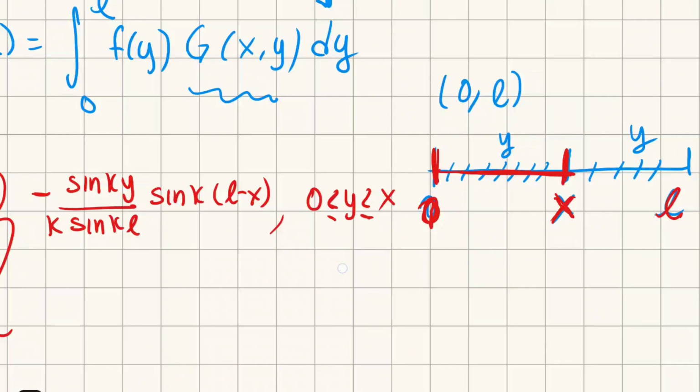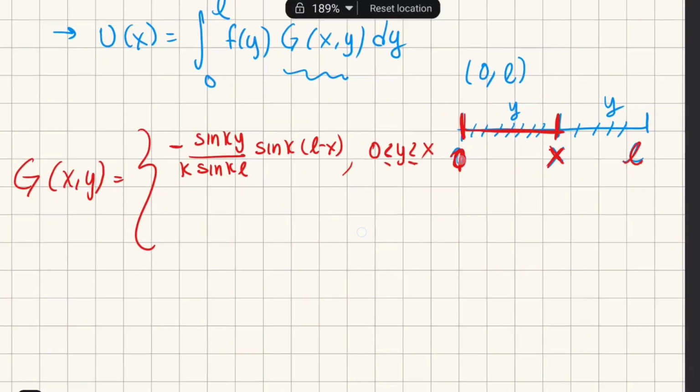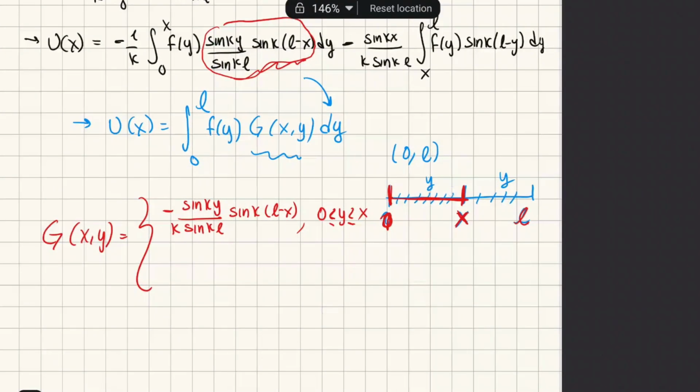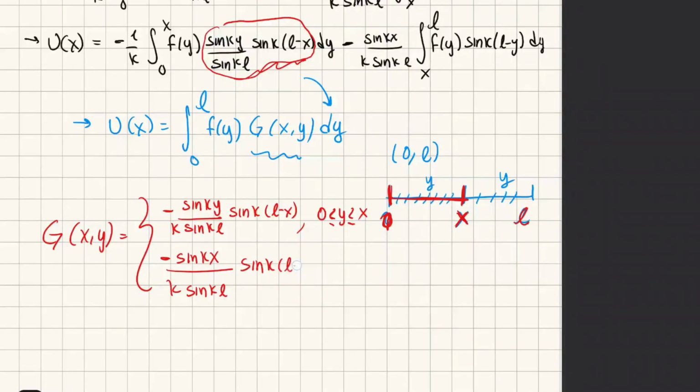And we will see why I'm writing less than or equal to x. But first, let me finish writing that from the interval x to L, we will have that g is defined as minus sine kx divided by k sine kl times sine k(l minus y). This is from x to L.